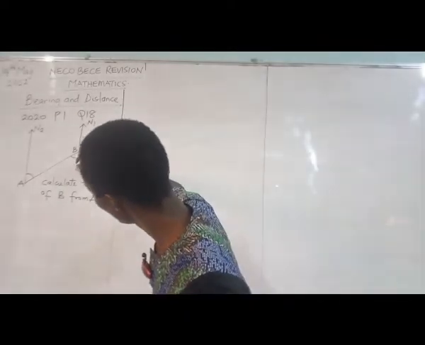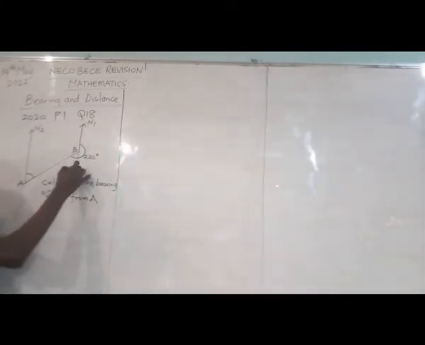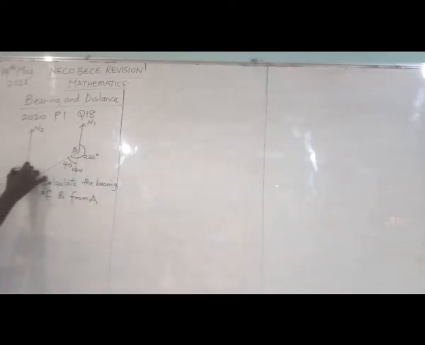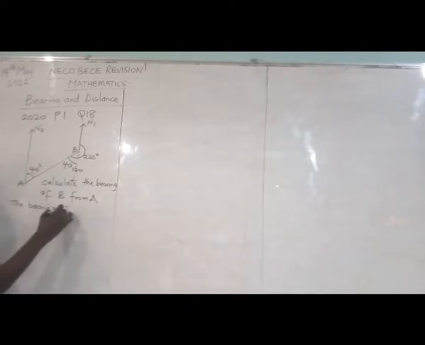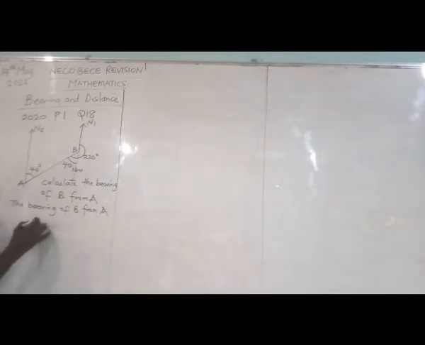If I drop this down, this point at this marker is 180 degrees. So if I remove 180 from 220, this angle here will be 40 degrees. By the concept of alternate angles, this angle becomes 40 degrees. So the bearing of B from A, which means measure the angle on A, will be 40 degrees.